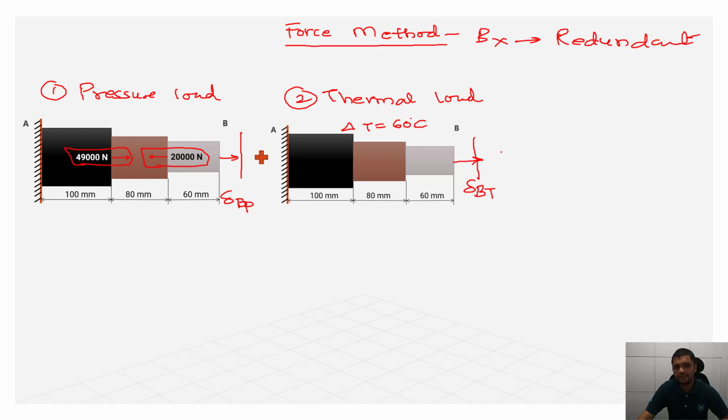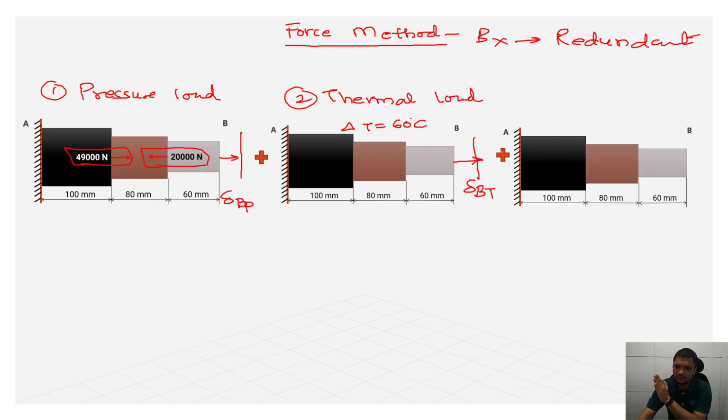Then as we have made the B support redundant, we are going to assume that there is an external force at this point. So we are going to assume there is an external load Bx acting here, which is giving rise to delta B because of external force.